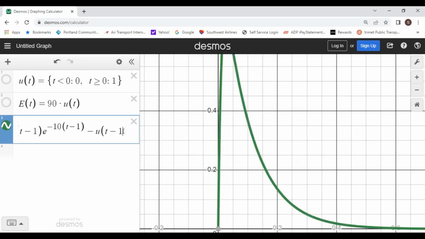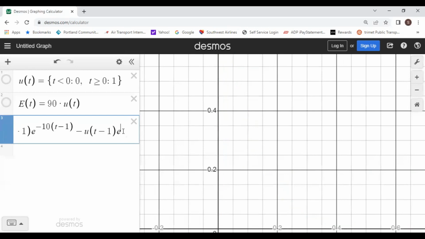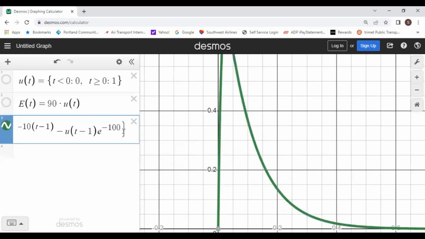Minus, t minus 1, e to the negative 100 times t minus 1. All right, that is our formula, I believe. Oh, sorry, I think I've got the signs backwards. This one is supposed to be minus, and this one is supposed to be plus.